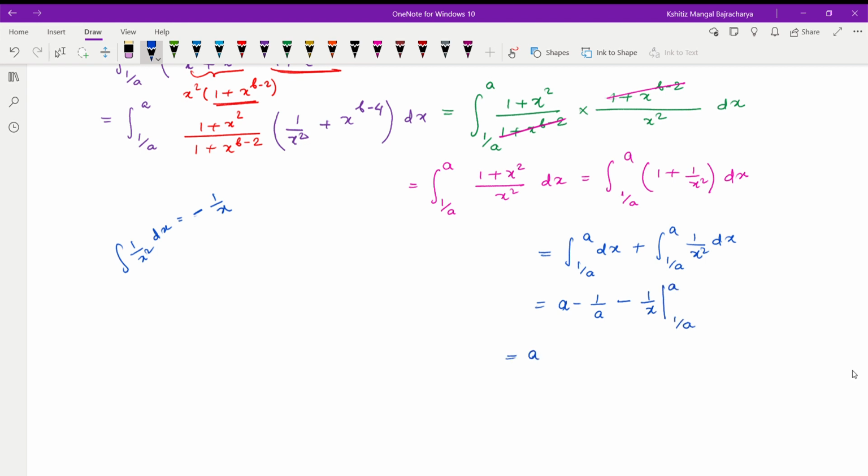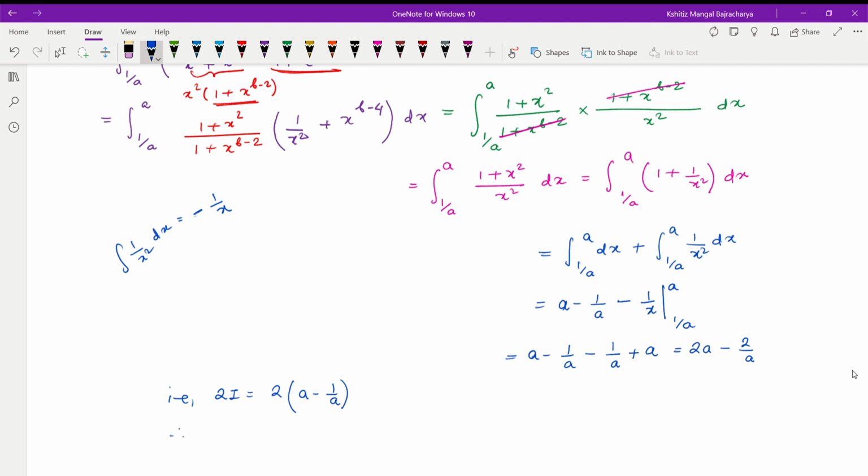This is a minus 1 over a minus, if we put a, we're going to get 1 over a minus, together with another minus will give us plus, and 1 over a will give us a. So we have 2a minus 2 by a, that is 2I equals 2 times a minus 1 over a.